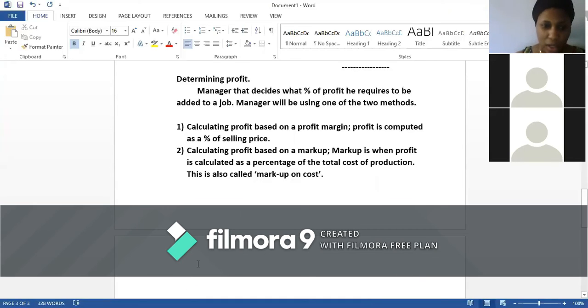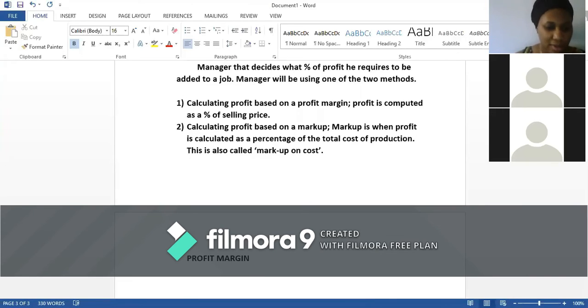So when we are looking at profit margin, we are saying selling price equals 100%.